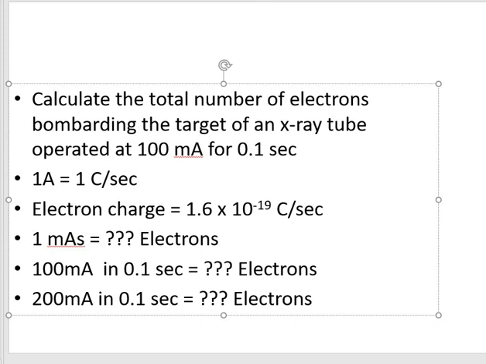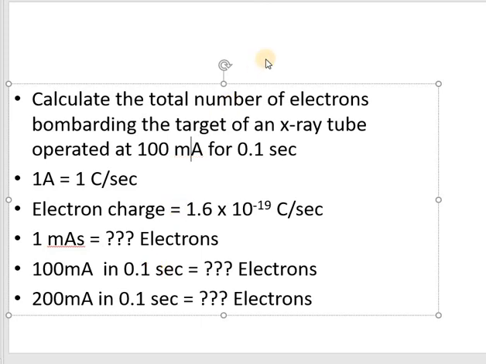So 10 mA current set at 0.1 second exposure is equivalent to 1 mAs. How many electrons are there? You can give this a try and calculate the number of electrons. Then you know that as you increase current or time, the number of electrons will also increase.